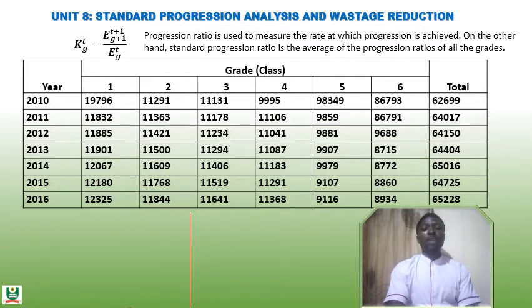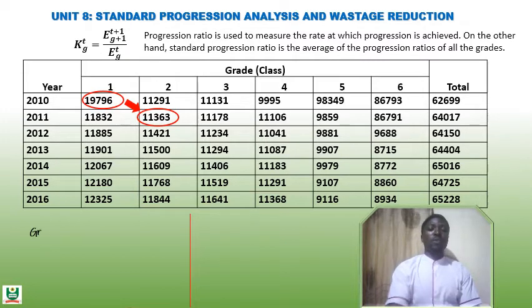Now to calculate the progression ratio, let's take this for instance, the first year. Now we are talking about progression ratio from grade 1 to grade 2. Grade 1 is 2010 now, to grade 2 2011.